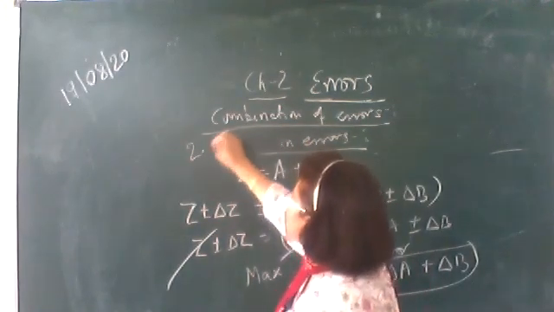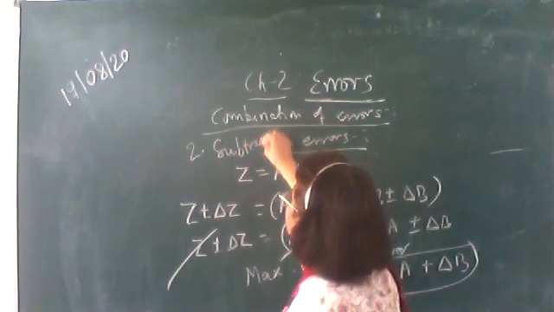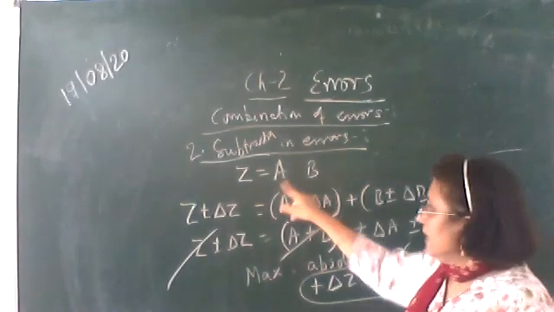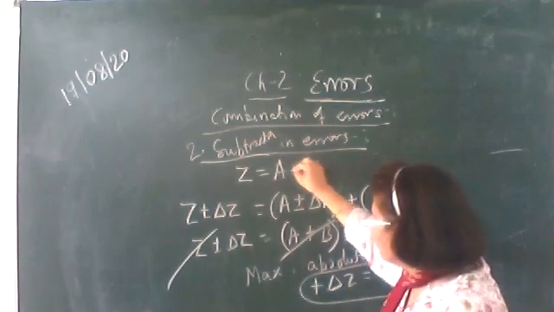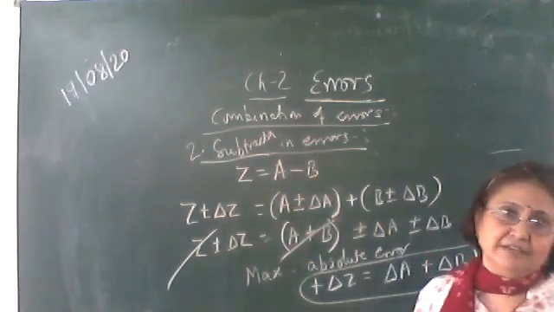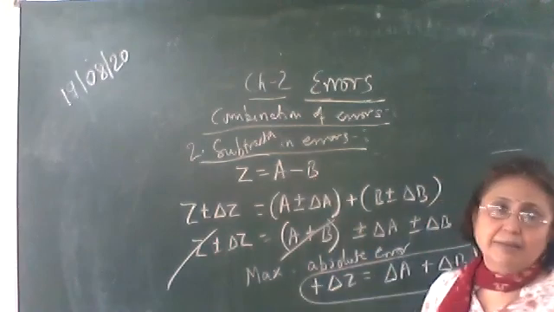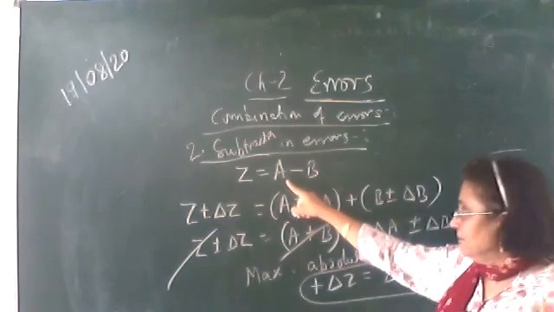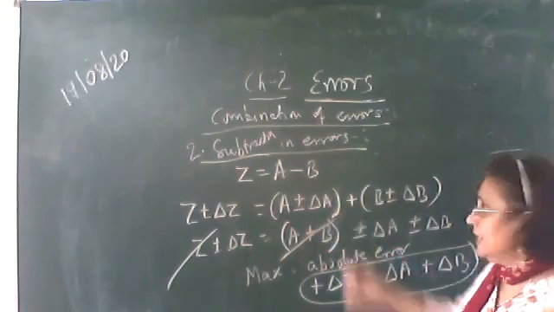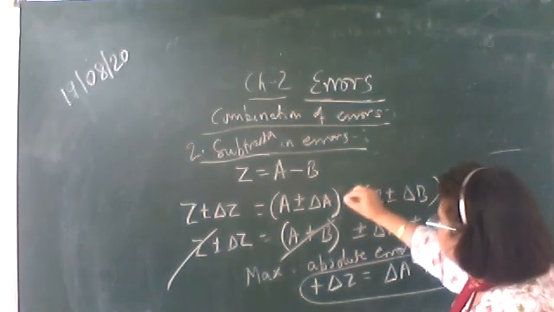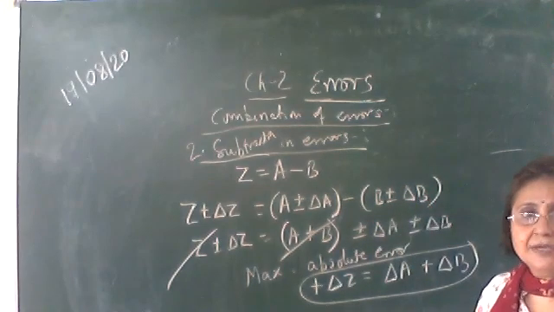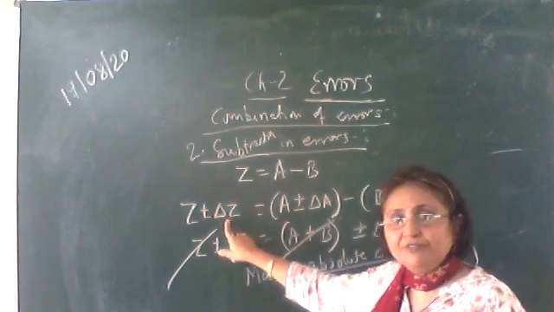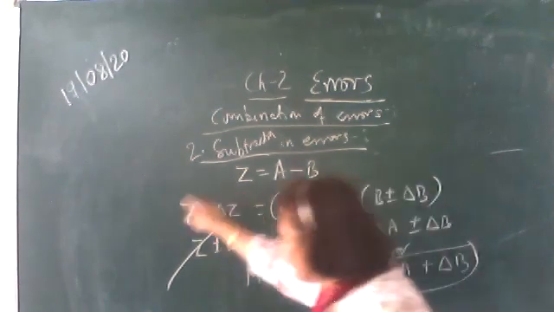The second is subtraction in errors. Again, A and B are the true values, and B is subtracted from A and the difference is Z. So Z is equal to A minus B. When the measured values are subtracted, the measured value of A is A plus minus delta A, minus the measured value of B, B plus minus delta B. Then the difference will also have some absolute error, which is plus minus delta Z. So how can the difference be written now?